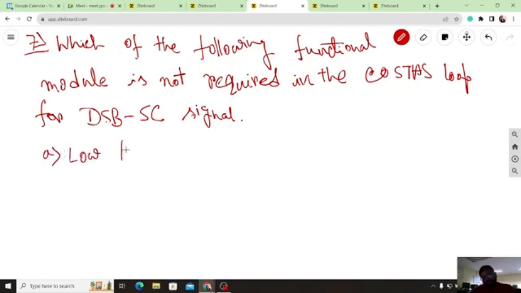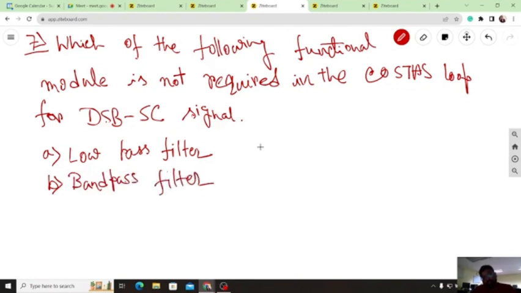A low pass filter, a band pass filter, a PLL, and a phase shifter.